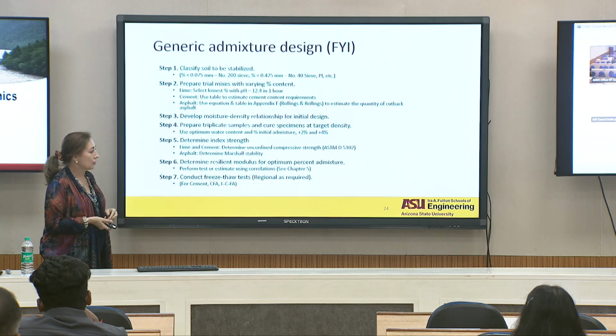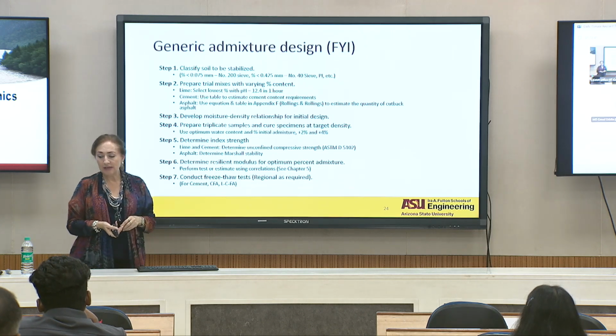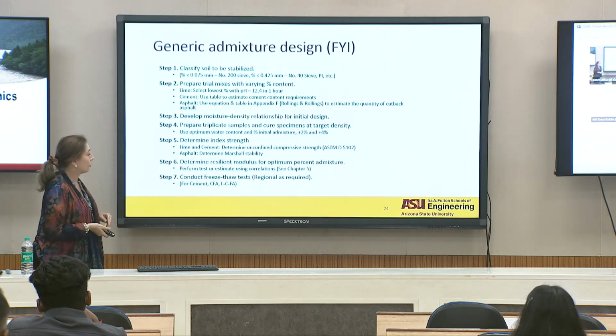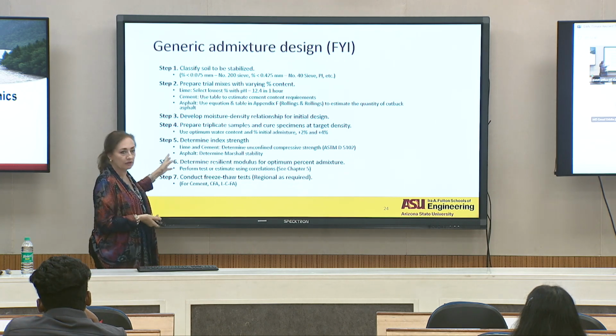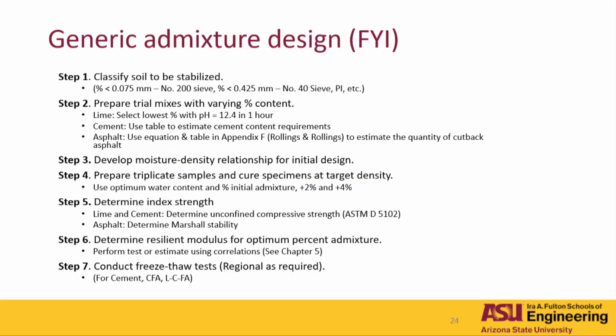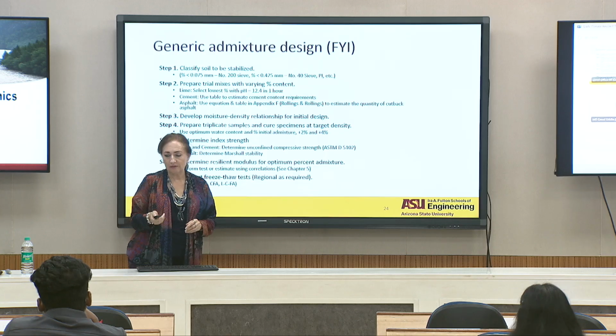Determine the resilient modulus for optimum percent admixture, okay, and perform the test or estimate using correlations, like we saw before, and I shouldn't say chapter 5 in here, but lecture 5. And conduct a freeze-thaw test if you are in a region where it is required when you have this mixture.